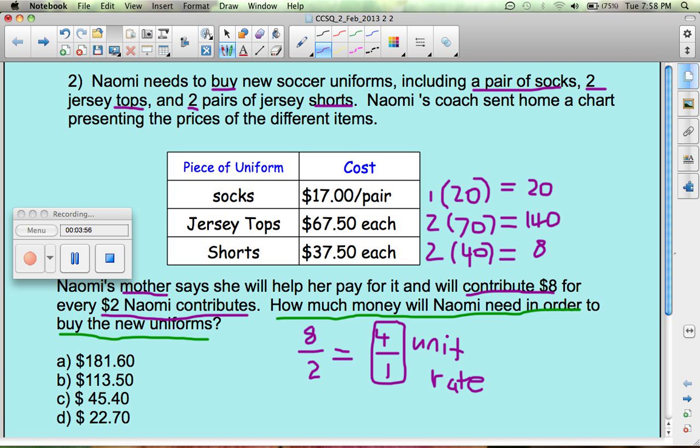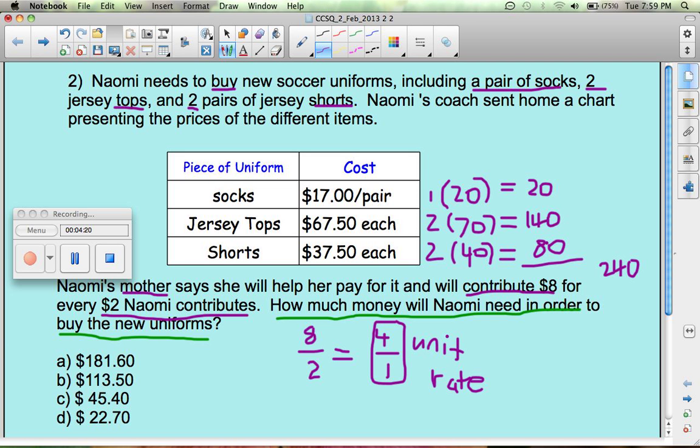And then if I were to total that all up, 20 and 140 is 160, and 80 is 240. So altogether, the whole set of uniforms that they have to buy will be $240, and Mom's going to pay most of that because it's going to be a 4 to 1. Mom will pay 4 times what Naomi pays.